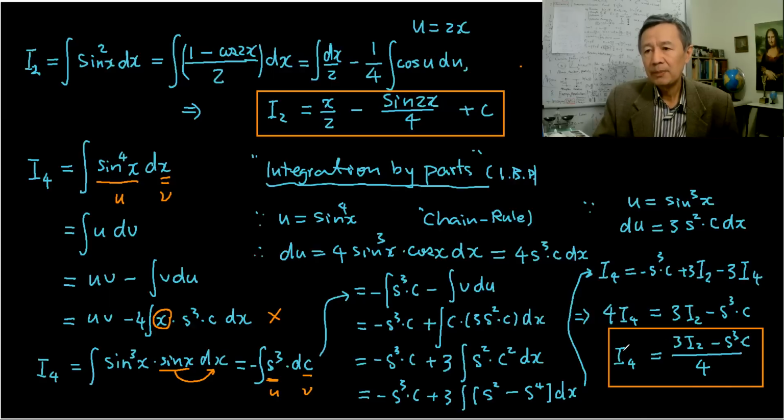We hope that we can derive a similar recurrence relation, so that we can deal with a higher n by using lower n. This just shows how to do it.